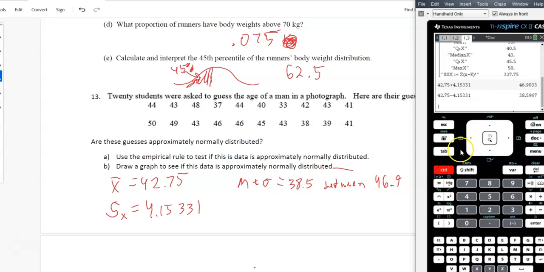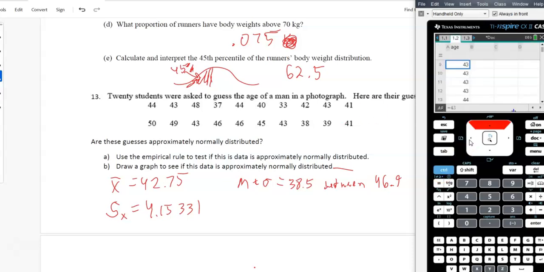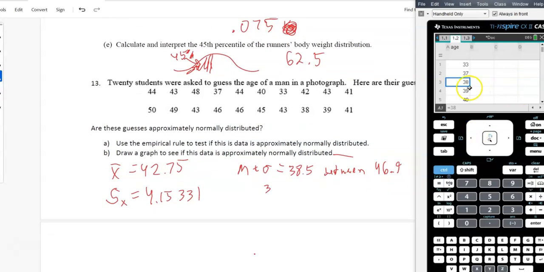Okay, so if you look at the data, going back with Control left arrow, I have them all organized. The first is 38.5, so there are three there that are too low. They don't fit in that range. If you go to the higher end, 46.9, right there 48, 49, and 50, there are three that are too high.